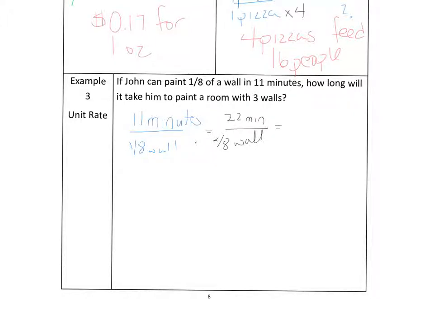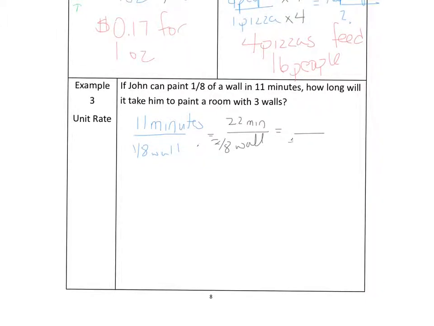And then we could keep going and say we can do 3/8 of a wall in 33 minutes. Right? And we could keep going and going and going, right?